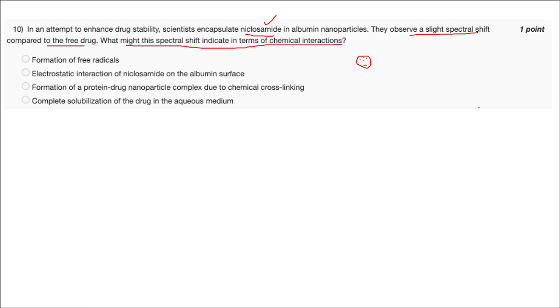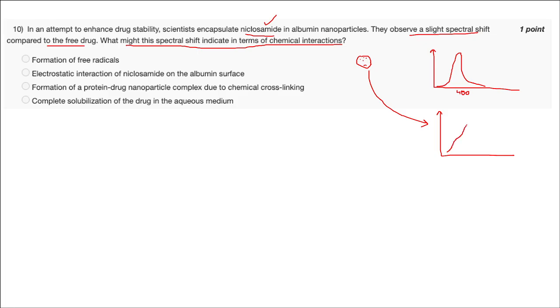One thing you need to remember: suppose we are recording the absorption spectra of a free drug and it comes around 400 nanometer. But when you record the spectra of the nanoparticle carrying the drug, there would be some sort of chemical interaction, some sort of aggregation, because of which the spectra could change.